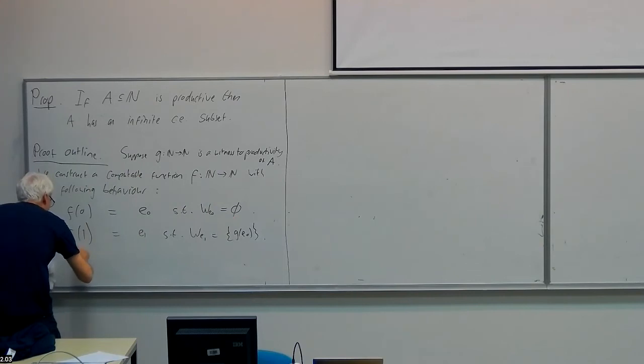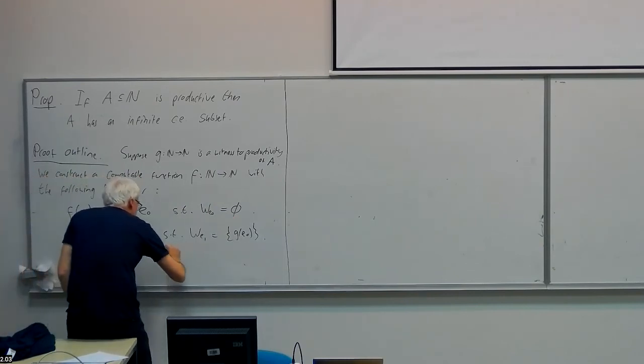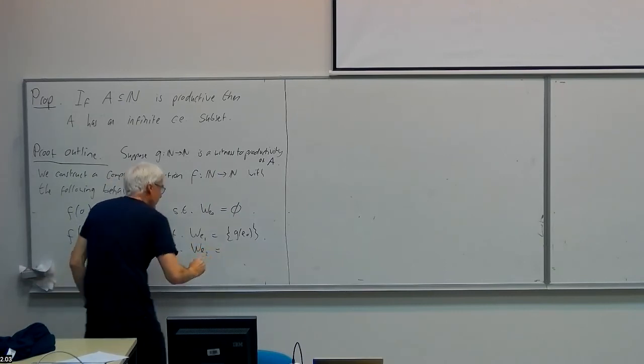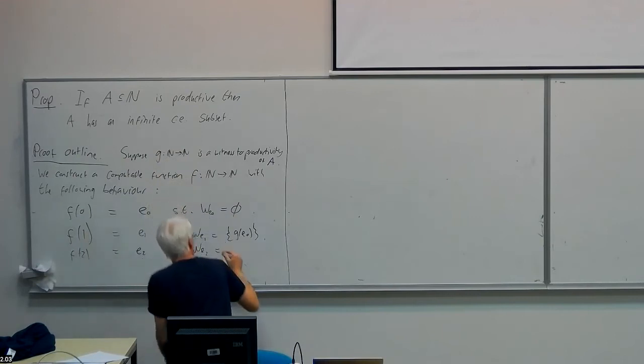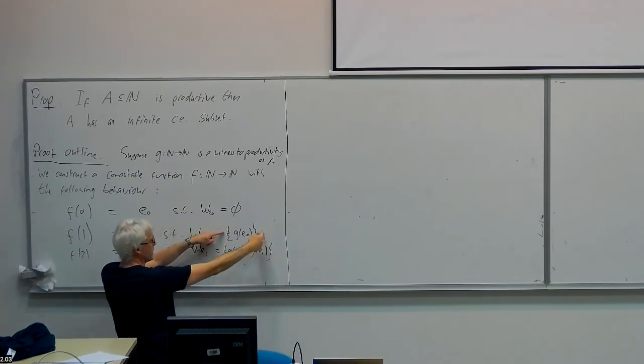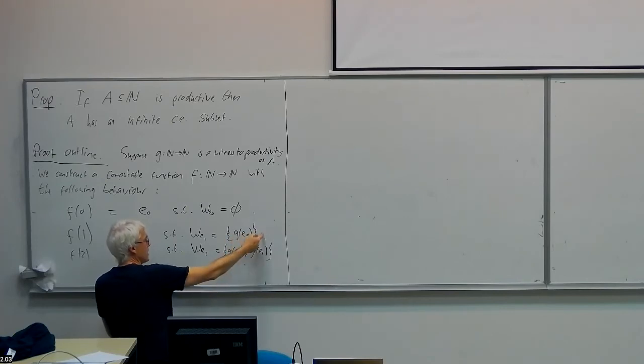f of 2 is going to be an e2, such that e2 is an index for the computably enumerable set that contains two elements, g of e0 and g of e1. So this is a computably enumerable subset of A. So g of its index e1 by productivity is an element of A that does not belong to this set, so it's different from g of e0.